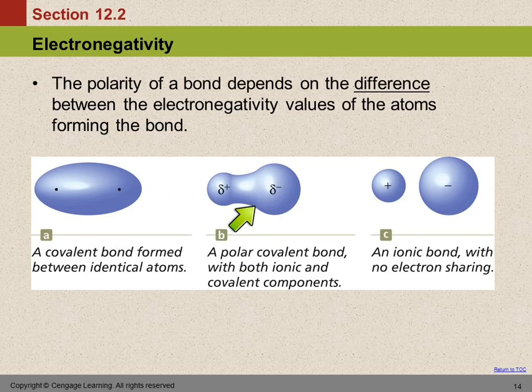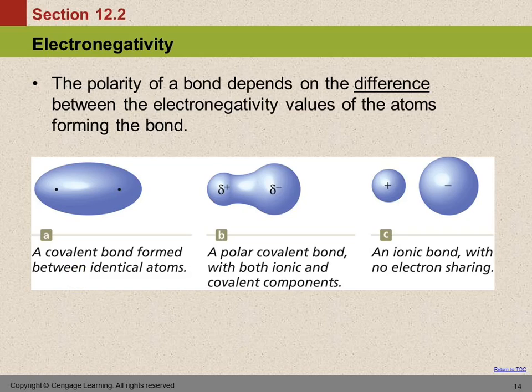Here's an example where we have one that's more electronegative and one that's less electronegative. And so it becomes lopsided. And the electrons are lopsided towards the more electronegative one. And so this end is a little bit negative, and this one's a little bit positive. We call that a polar covalent bond.